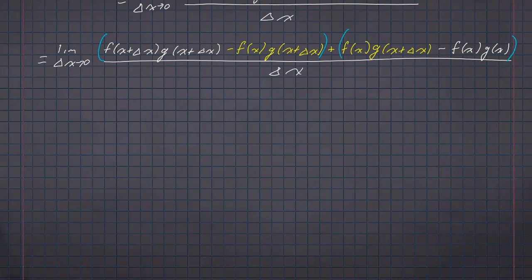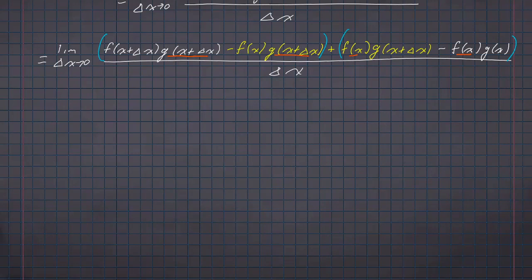So I take the negative one and group it with the first bit. I take the positive one and group it with the second bit. And this becomes useful because you may notice that those first two terms have a g of x plus delta x. Those last two terms both have an f of x.